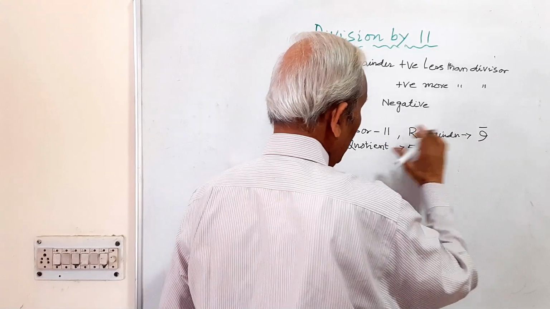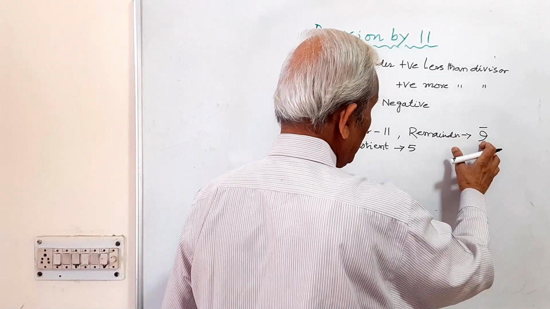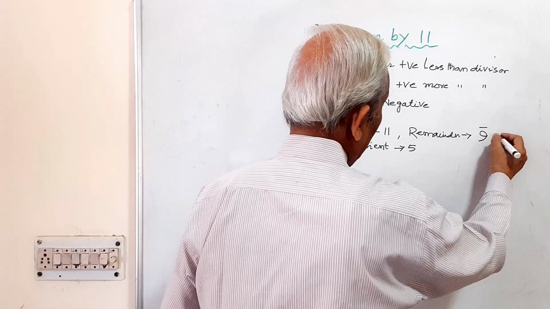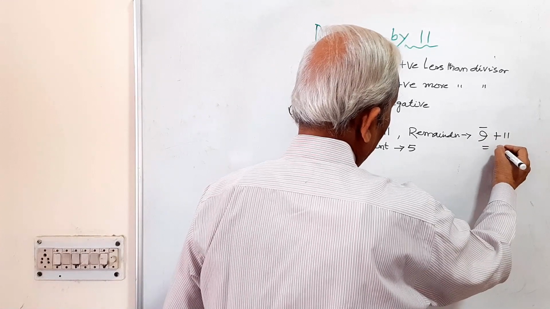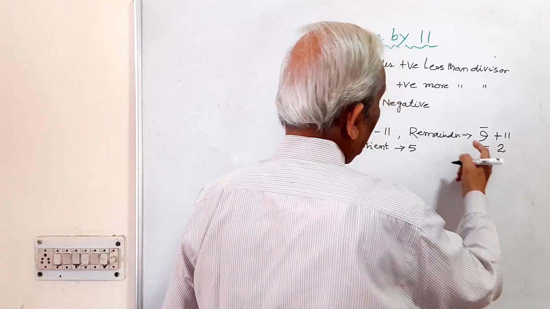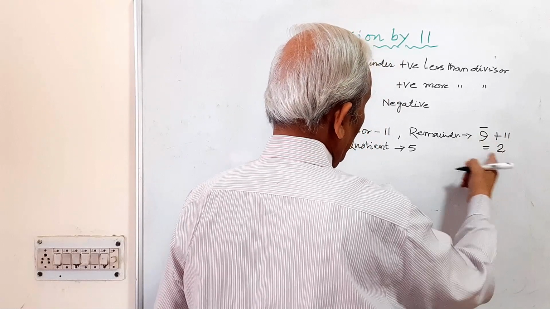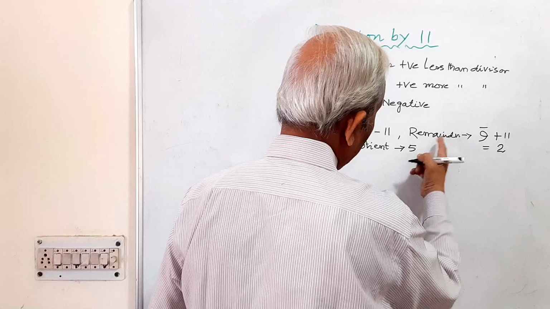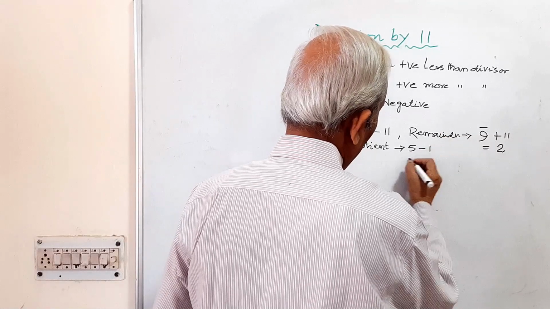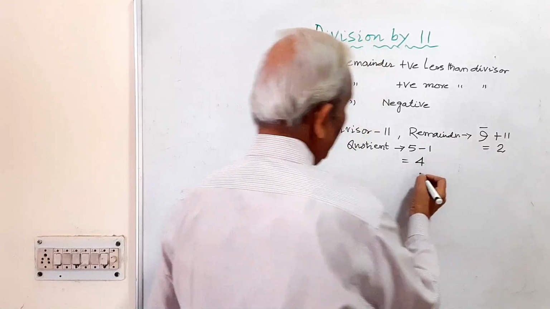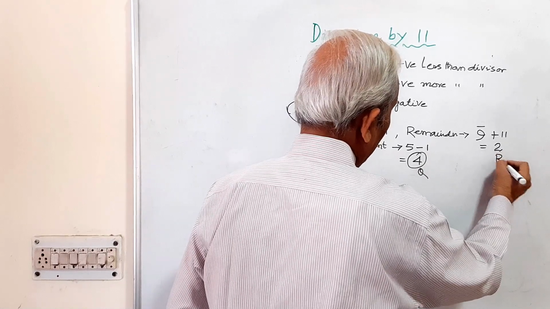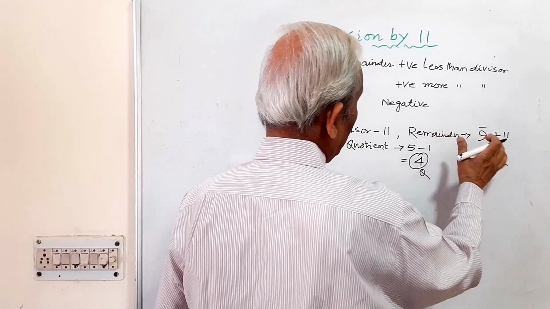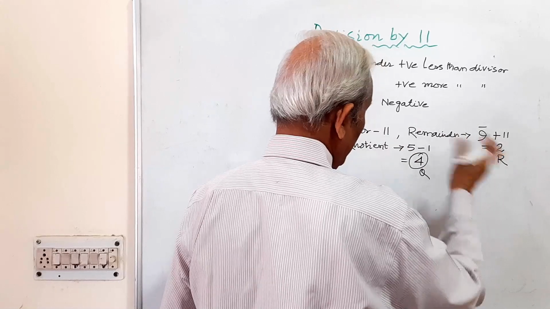So if you add 11 with this, how much does it become? Minus 9 plus 11 is positive 2. And since we have taken one divisor, reduce the quotient by 1 and make it 4. So the ultimate answer is the quotient is 4 and the remainder is 2, just by adding the divisor once or twice, as many times as required.